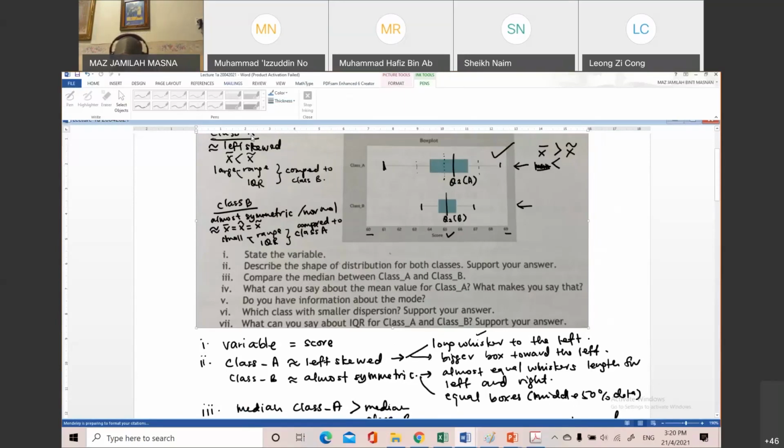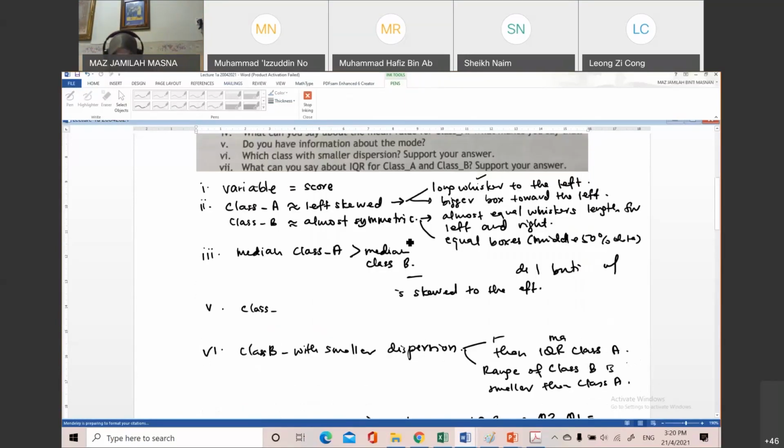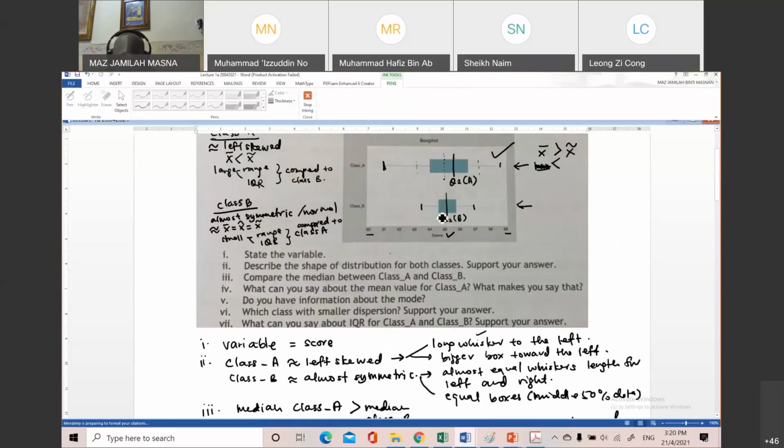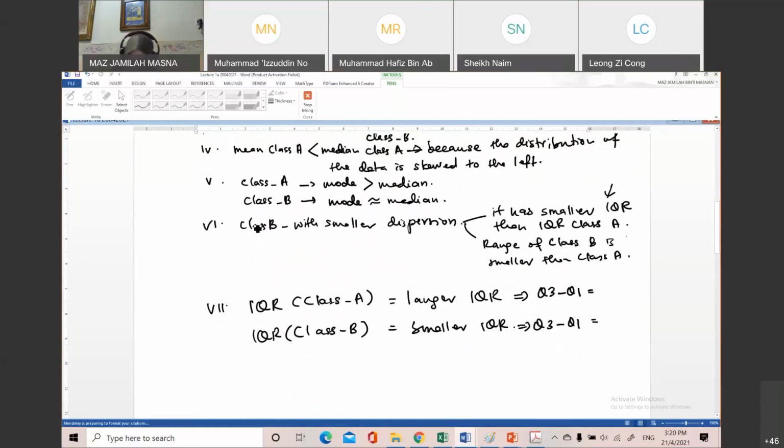So if you look at the values, you can work out what your Q1 and Q3 are for A. Let's say I assume the value is 67 minus 64, you get 3.